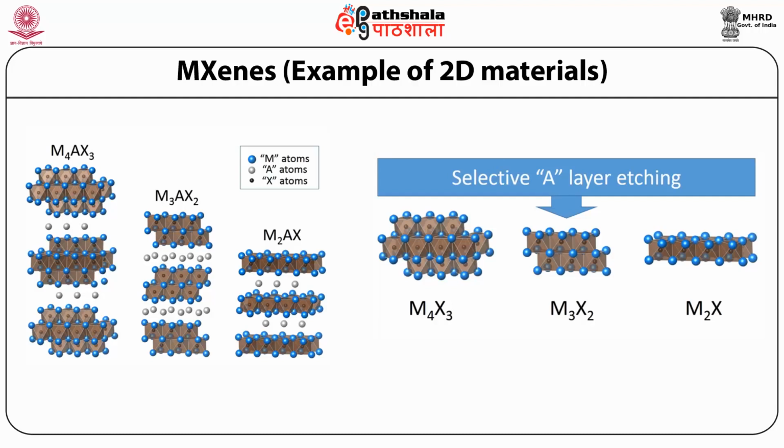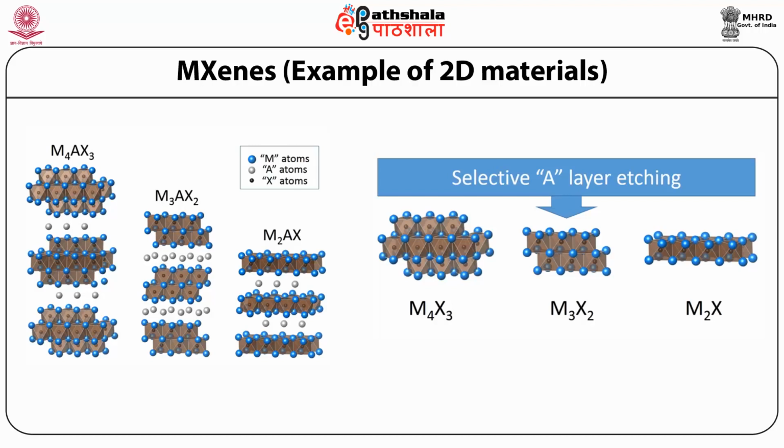This procedure etches out aluminum, yielding multi-layered Ti4N3, which can be further delaminated into single and few layers by immersing the MXene in tetrabutylammonium hydroxide, followed by sonication.